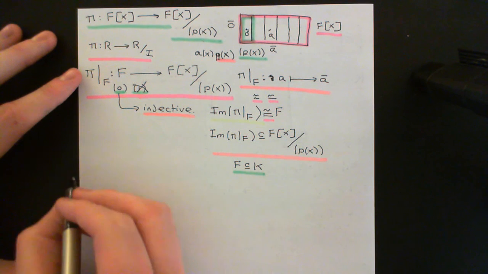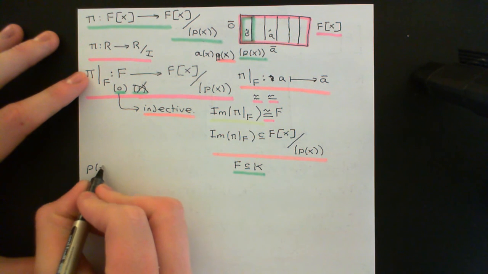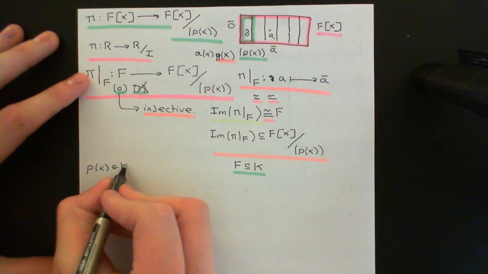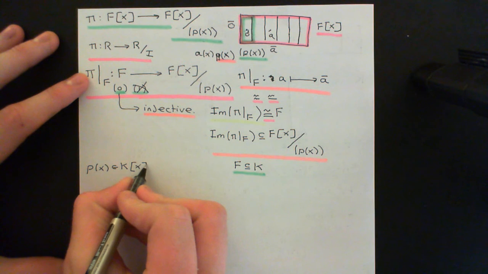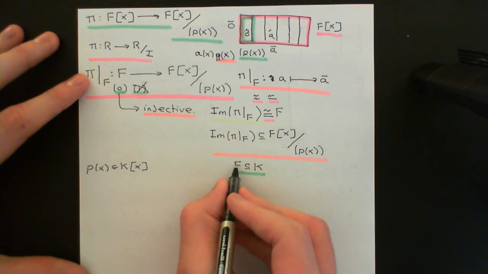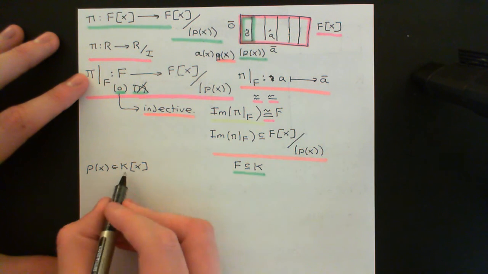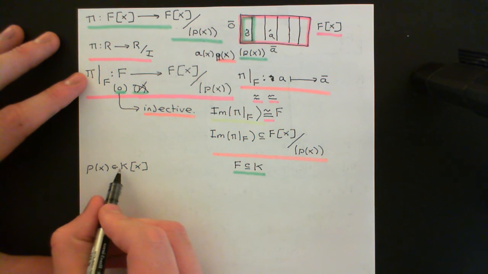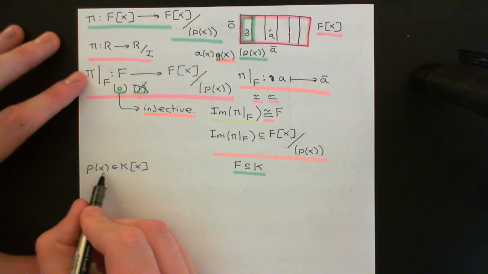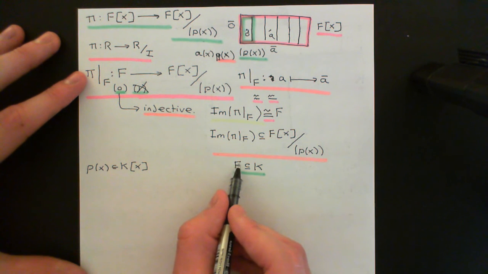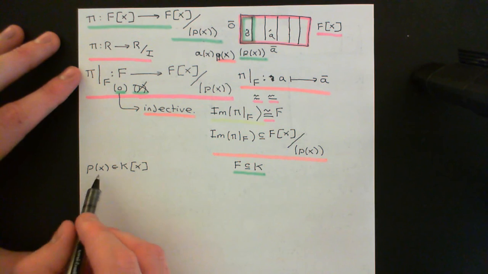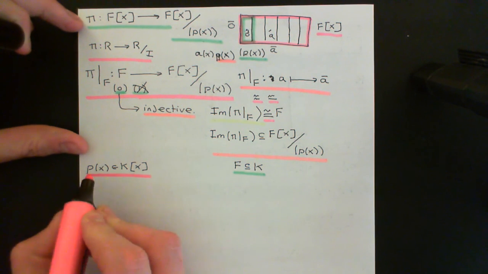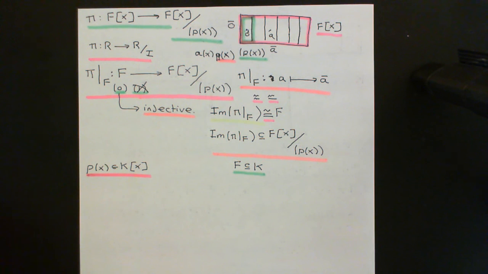Okay, so the first thing I need to argue is that my polynomial P of X is still going to be validly thought of as a polynomial in the ring of polynomials over K. Okay, and that's of course going to be true because F is a subfield of the field extension capital K. So this will be the set of all polynomials where the coefficients are in the field extension capital K, but of course this polynomial has coefficients in the field capital F, but they're now still in K. So this is absolutely fine to view this now as a polynomial that is in the ring of polynomials over the field extension capital K.